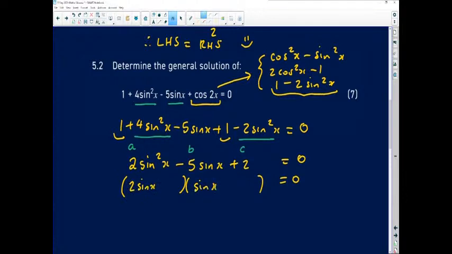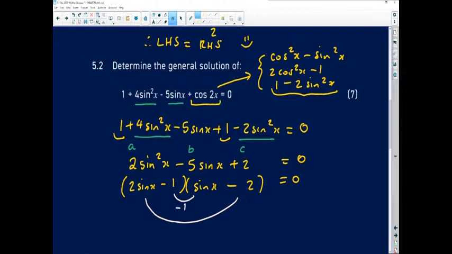Factors of 2 are going to be 2 and 1, but you have to be careful of where you're putting your 2. You need a 2 to sit here and a 1 to sit here. They both need to be negative. Why? I hear somebody ask. Well, for you to get the middle term, which is negative 5, you multiply this 2, which is going to give you minus 1 sine x, and then you multiply this 2, which will give you minus 4.